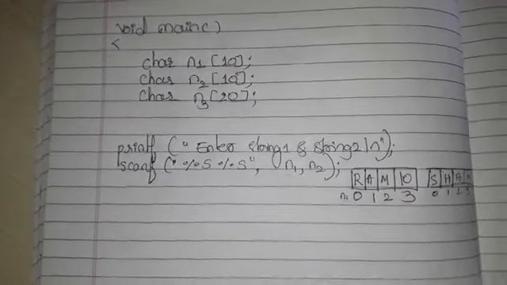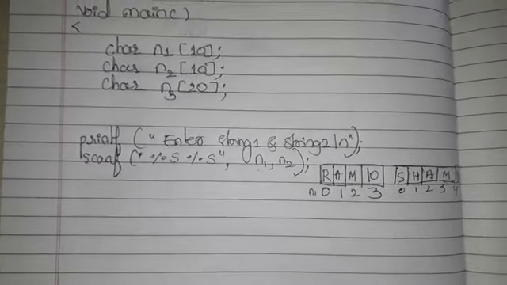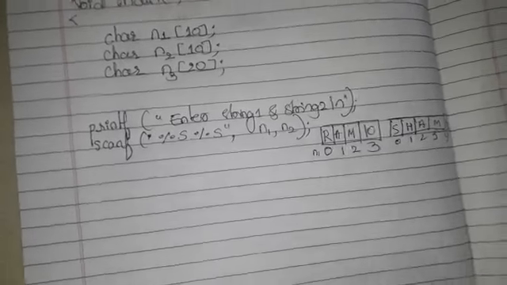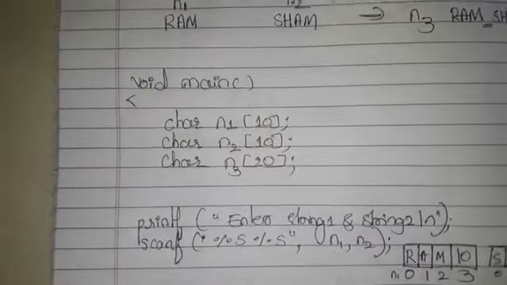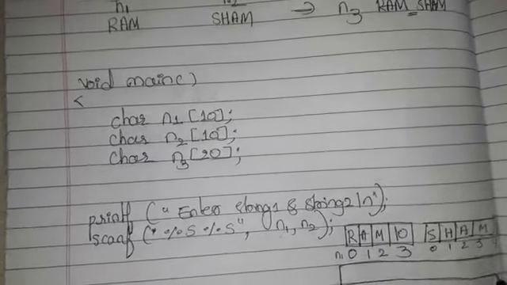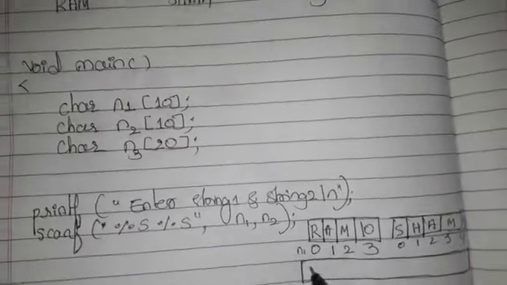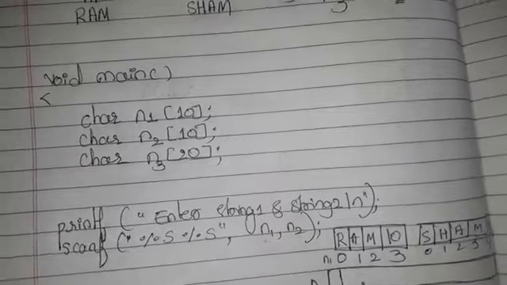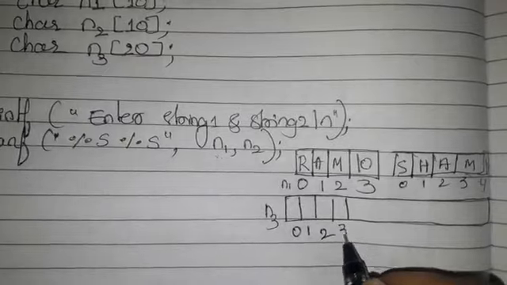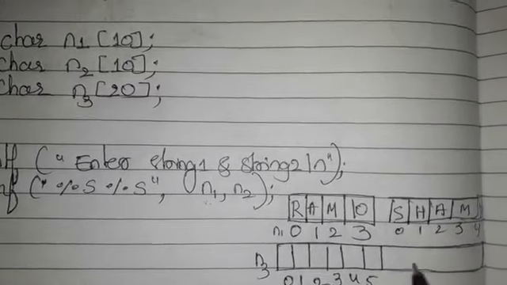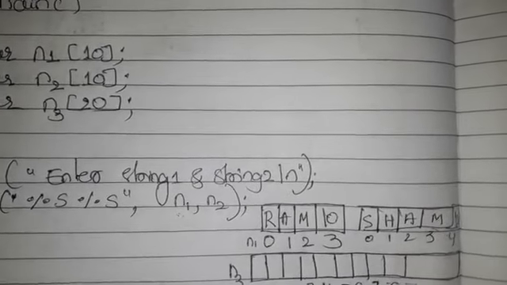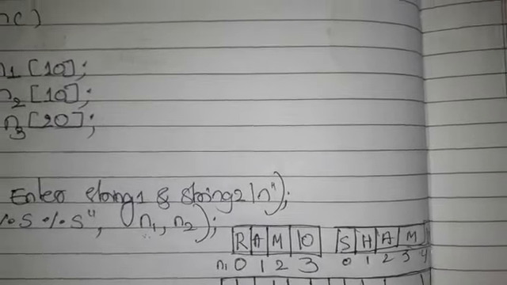So now our job is to take the contents of n1 and n2 to n3. That is, we want to concatenate n1 and n2. So let's assume that I have a particular memory location for n3 as 0, 1, 2, 3, 4, 5, 6, 7, 8, and so on up to 19.